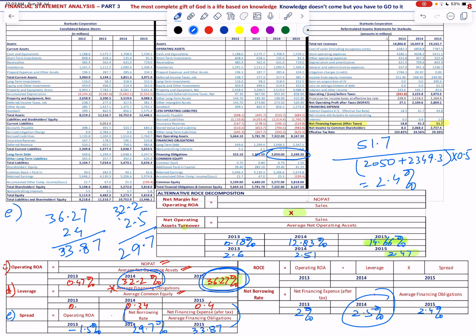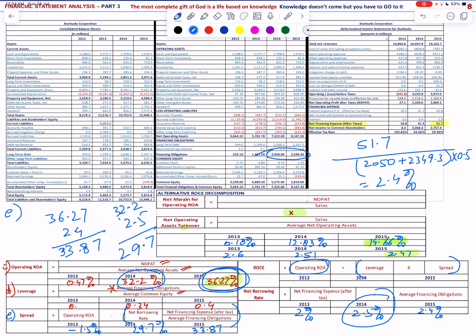Next we go for the return on capital employed, and once again we have the same. As we have done for the spread, that is the net operating profit after taxes, we have the operating return on assets. To this we are going to add the leverage times spread.